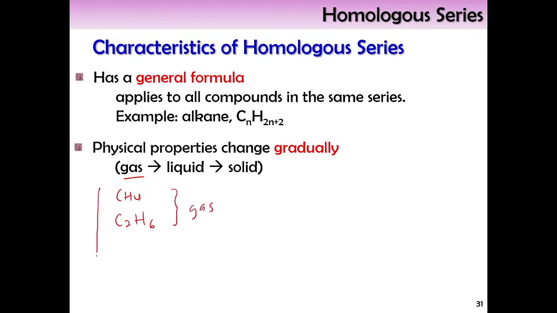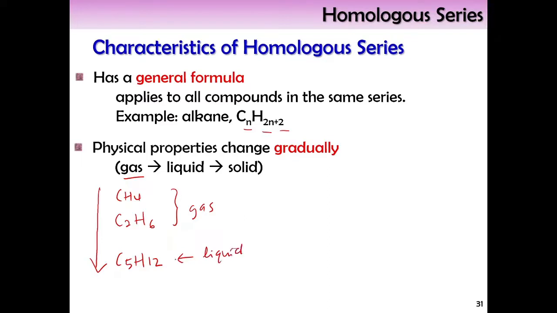But when you go down the homologous series, the larger the carbon, let's say C5H12, based on the formula CnH2n+2, this one might be liquid.